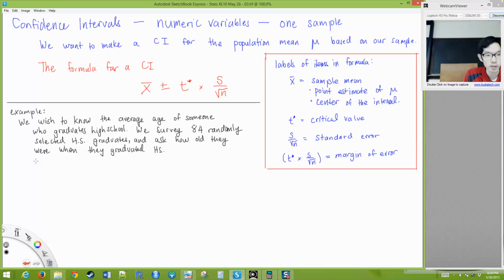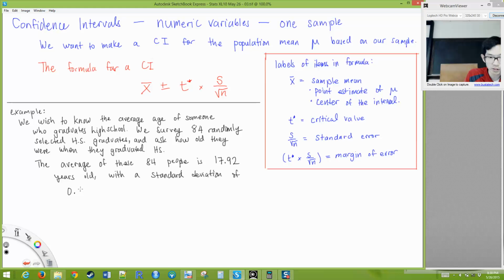The average of these 84 people is 17.92 years old, with a standard deviation of 0.59 years.